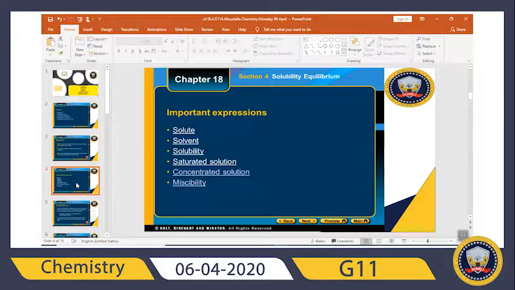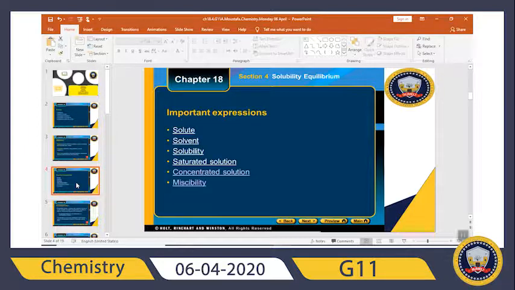But before we start this section, we have to understand some important expressions. The first expression is solute. What's the meaning of solute? A solute is a substance dissolved in another substance, like table salt dissolving in water.